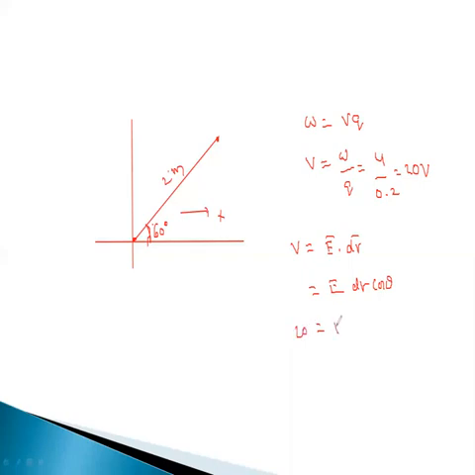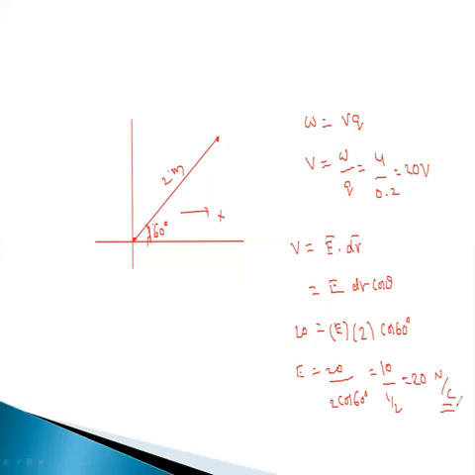So 20 equals E into dr, where the distance is 2 meters, and cos theta, that is cos 60 degrees, the angle between the path of the particle and the x-axis or electric field. So finally E equals 20 by 2 cos 60 degrees. That will be 10 by cos 60, which is half only. So finally 20 Newton per coulomb.